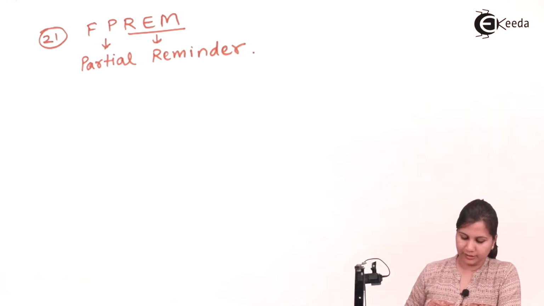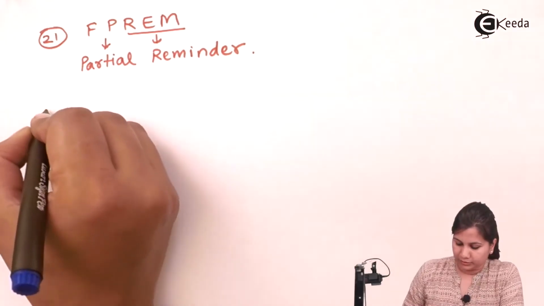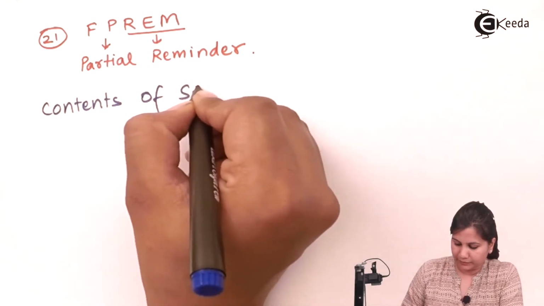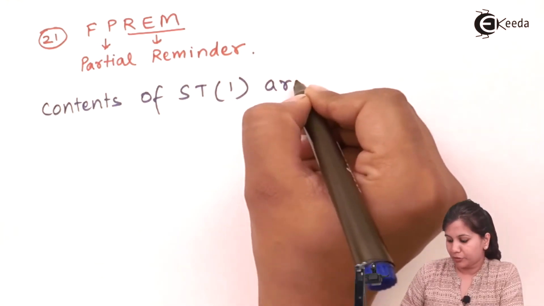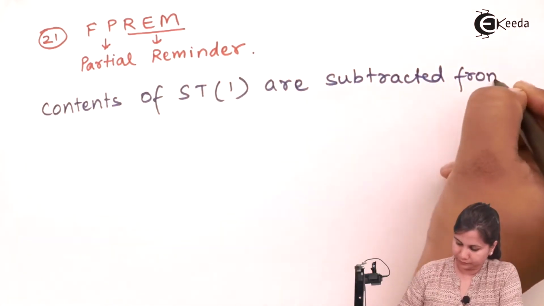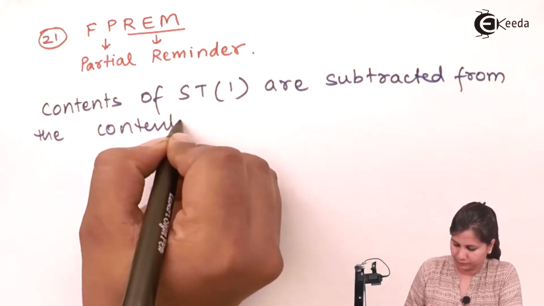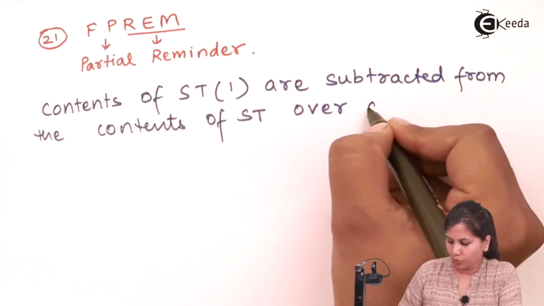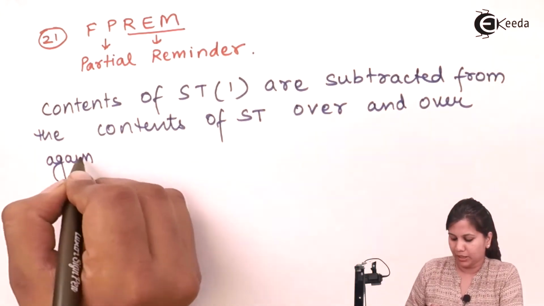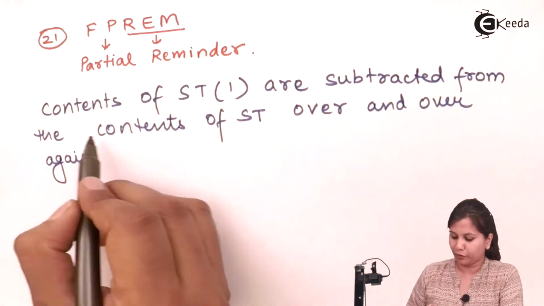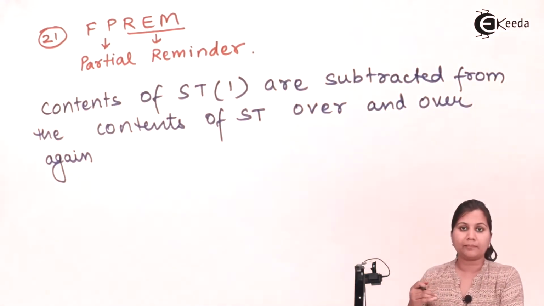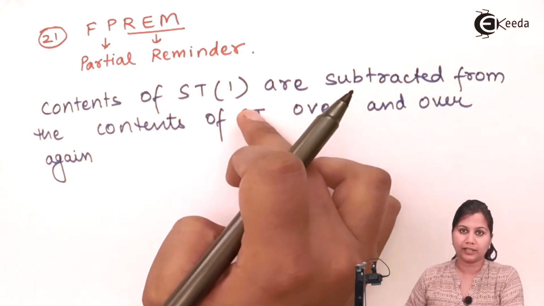What this instruction does is that the contents of ST1 are subtracted from ST over and over again. Again and again the contents of ST1 are subtracted from the contents of ST such that the contents of ST become smaller than the contents of ST1.